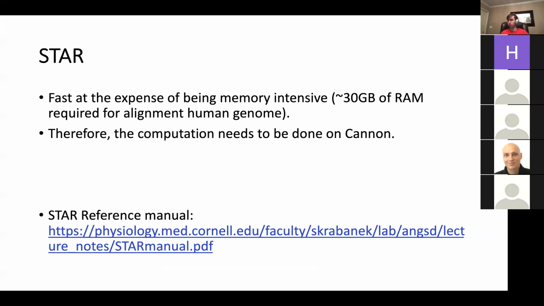What you have to know, especially for this homework, is that STAR aligns very fast, but the cost of it being fast is that it requires a huge amount of memory. For most mammalian genomes, STAR is going to take probably 20 to 40 gigabytes of RAM to read in this huge hash table.